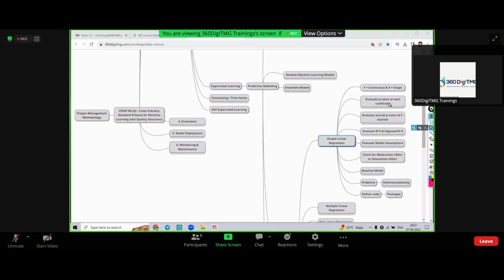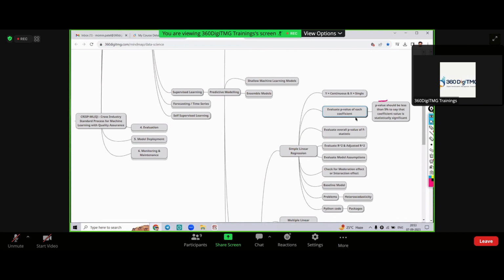Then you will have the p value. Evaluate the p value of each coefficient. The p value should be less than 5% to say that the coefficient values are statistically significant. If you have an equation, you will use these coefficient values when the p value is less than 0.05 or 5%, because the industry standard is 95%.